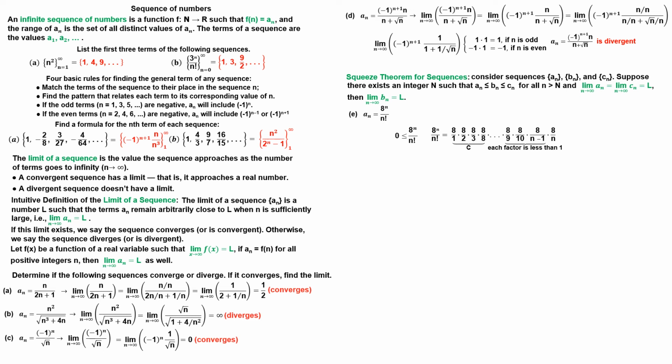If we lump together the first factors and call the product C, and drop all the remaining factors except the last factor, 8 over n, we can write the following inequality. We now can apply the squeeze theorem to find the limit of the sequence, and the sequence converges to 0.